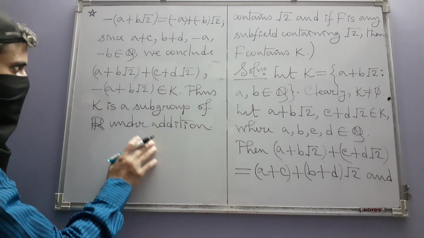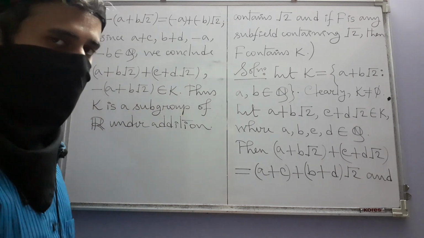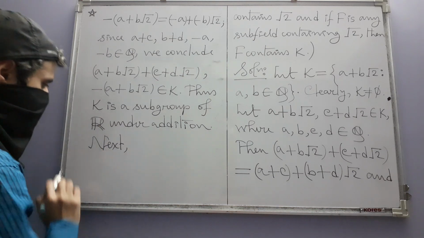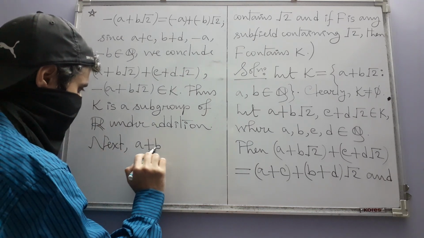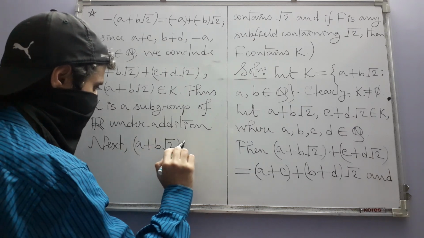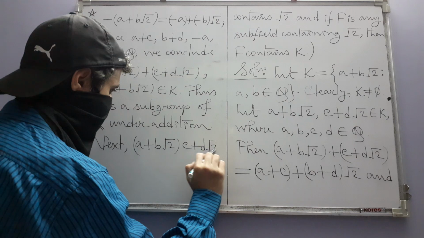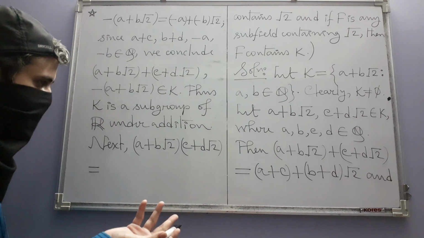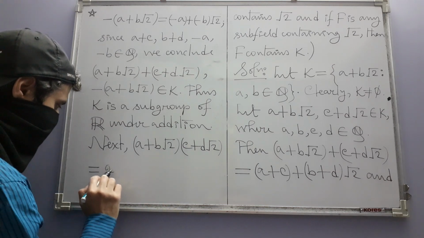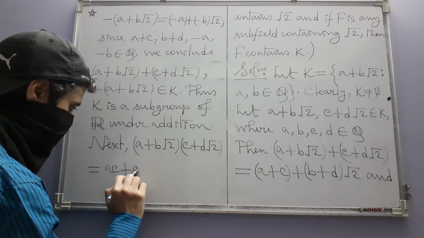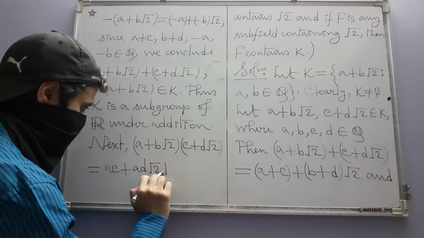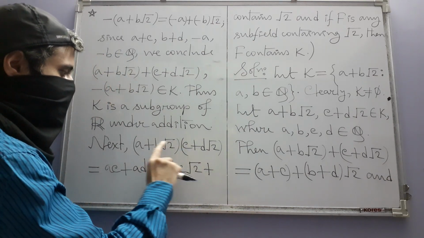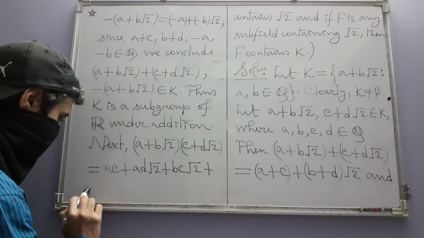Okay, next we have to show that the product of these two is again in K. Next, a plus b root 2 times c plus d root 2. If you just simply multiply the terms out, like you usually do, you are going to get what? ac plus ad root 2 plus bc root 2 plus bd root 2 square, that means 2bd.